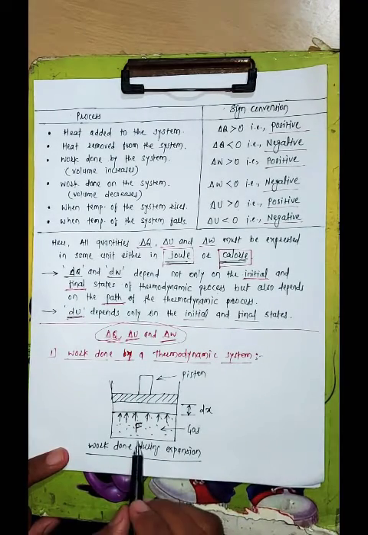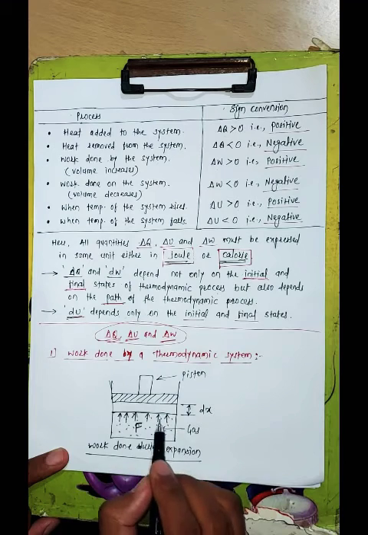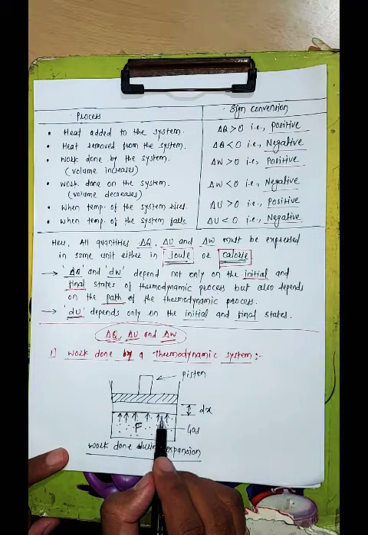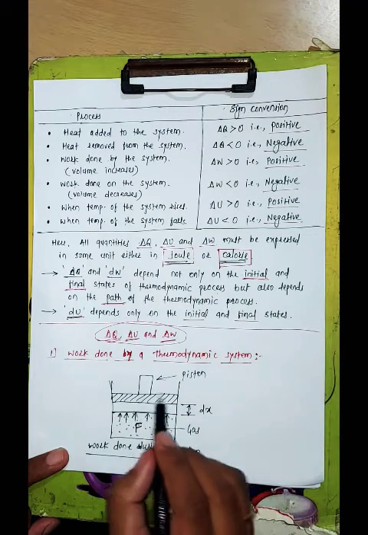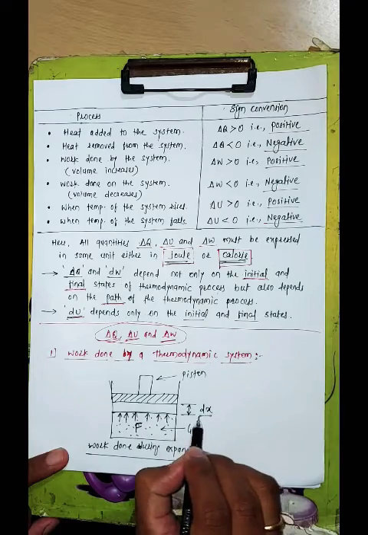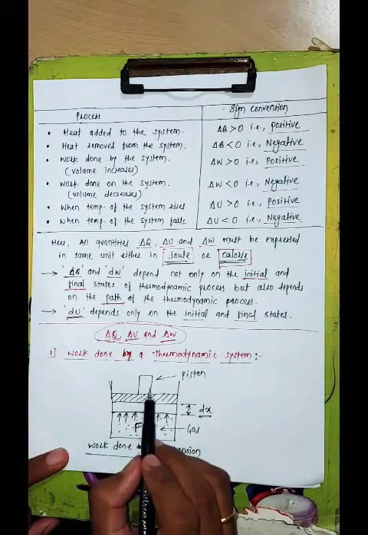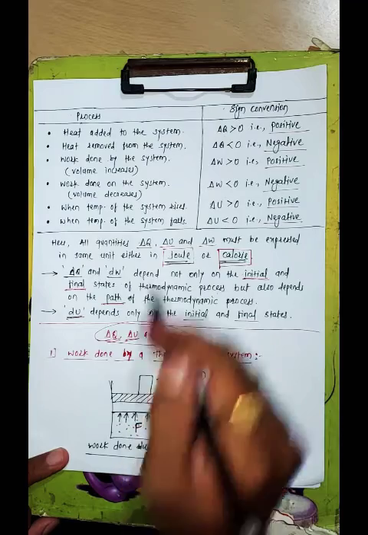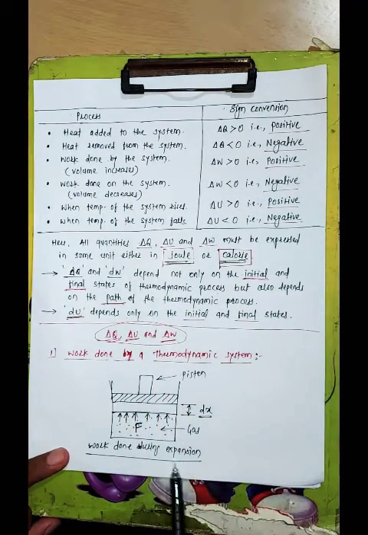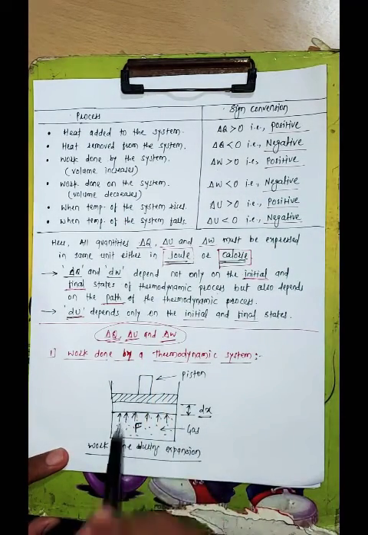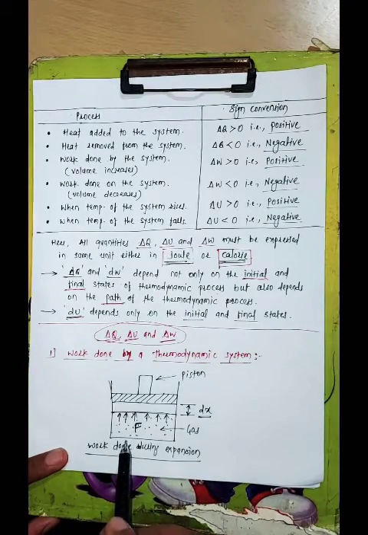So if we say that some amount of force will be exerting on this wall, the piston, or we can say that the system move with some distance dx, and this particular piston will be moving in the outward direction. So we can say that the work is done on that particular system.